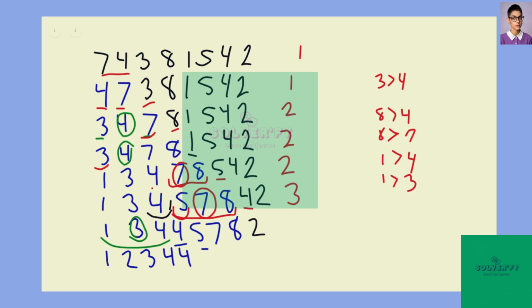So that's going to give us 1, 2, 3, 4, 4, 5, 7, 8. I apologize, that's going to be 3 comparisons. So we compare to the 3 and then compare to the 1.